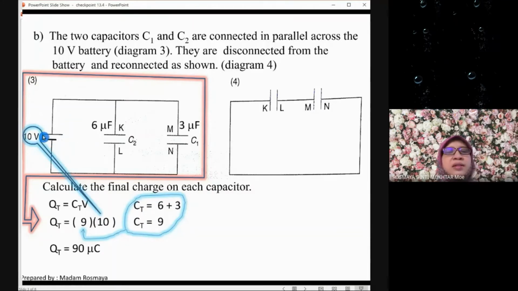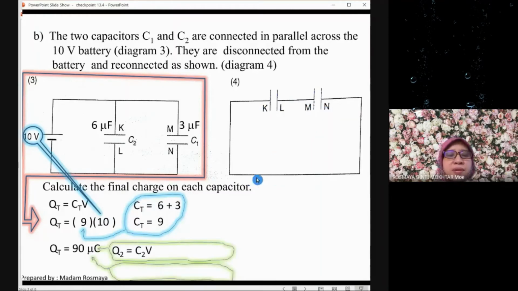Then the capacitance becomes like this, but they are arranged K, L here, M, N. Now each capacitor has a different charge.